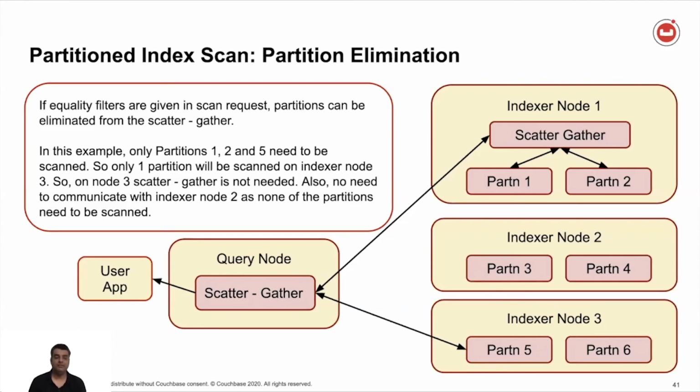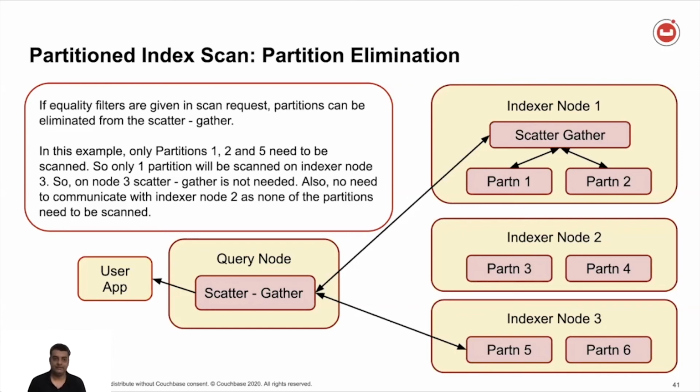Now, if we want to get results for 3 specific users, then we can specify equality filters on username. And if the partition index is created on the username, then in that case, on query node, we can identify that because there are equality filters, the scan should go only to the 3 partitions and not more than that.